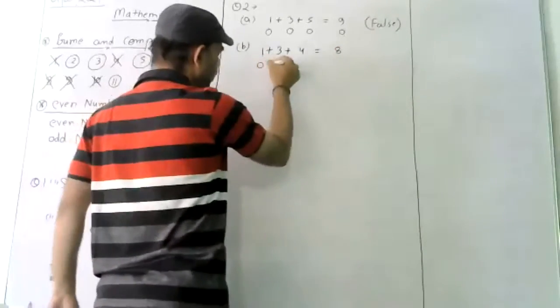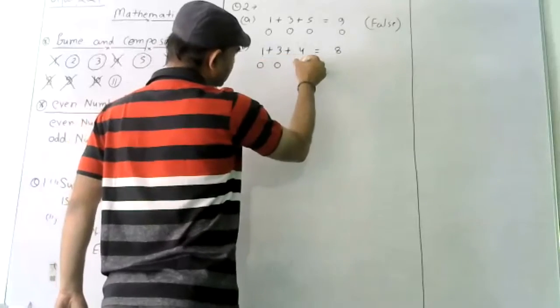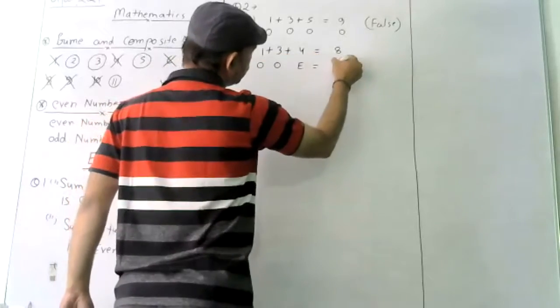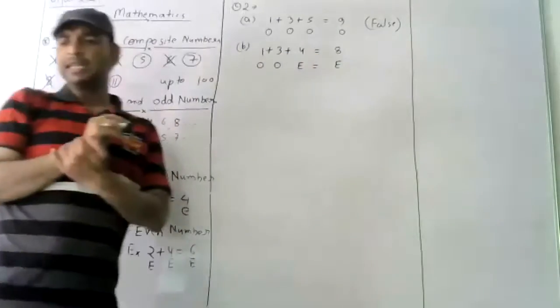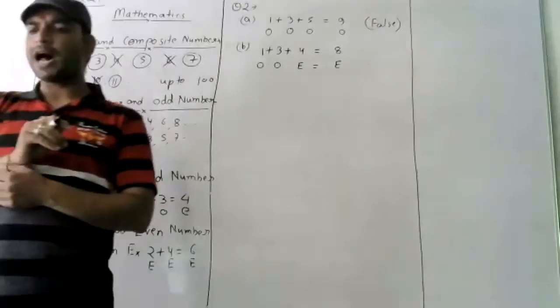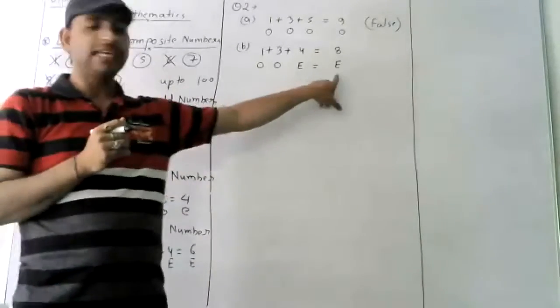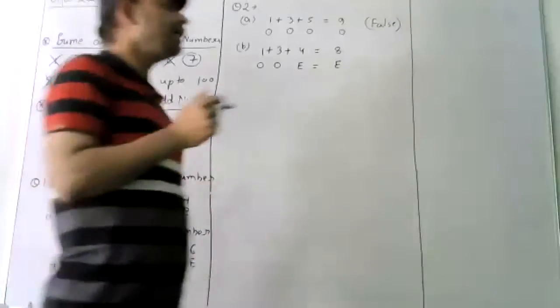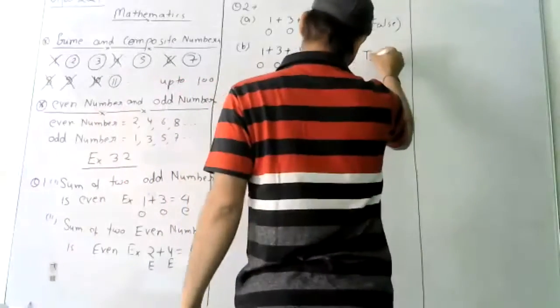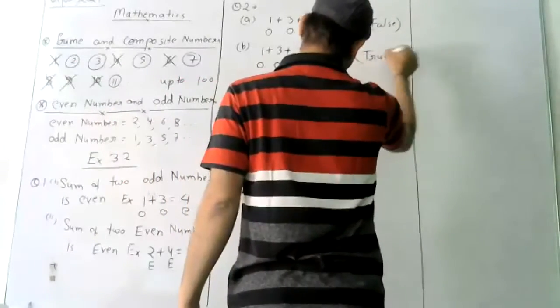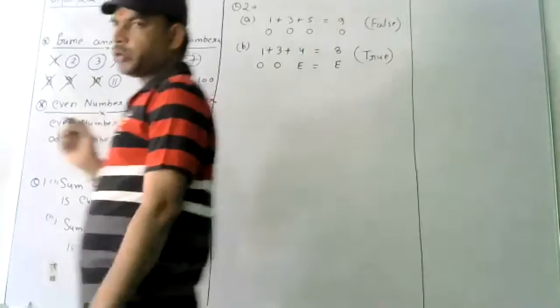This is odd, this is odd, this is even, and the sum is even. Yes, it is an even number. This statement is true.